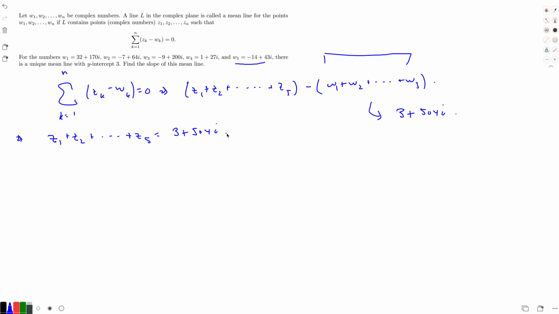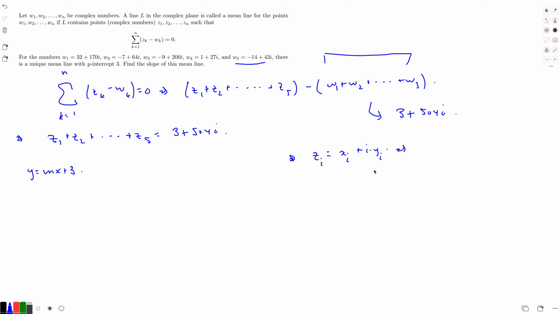Great. So now let's use the information we haven't used. We haven't used that the y-intercept is 3. And we want to find the slope of this line. So the line is of the form y is equal to mx plus 3, right? And there are going to be complex numbers zi that are on this line. So let zi equal xi plus i yi.